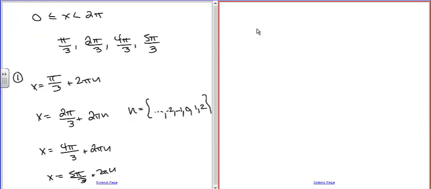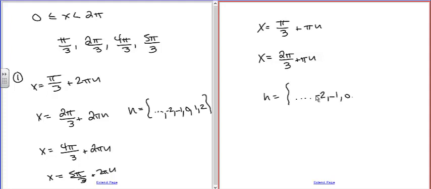But you could also do this, and a few students did it. You can take your first quadrant solution and add pi n, and take your second quadrant solution and do pi n. And again, n would take on all integers.